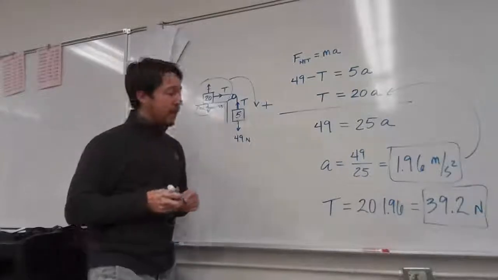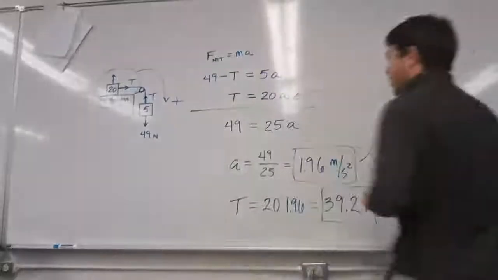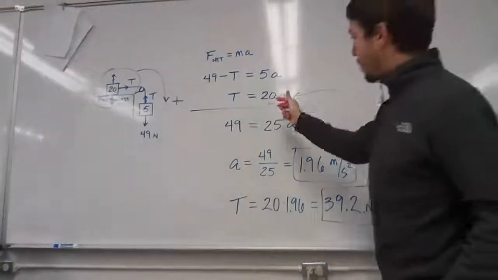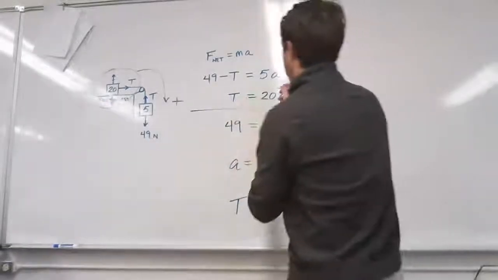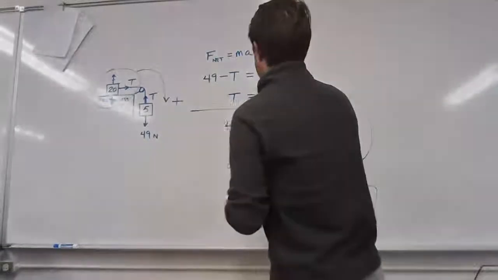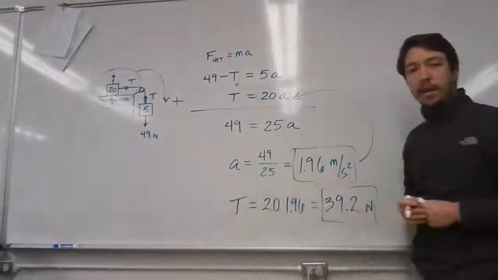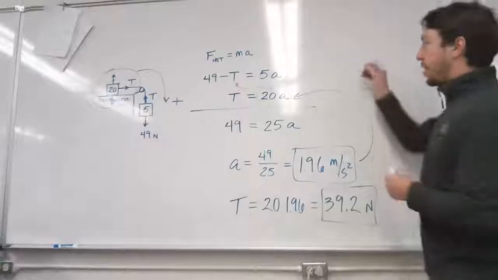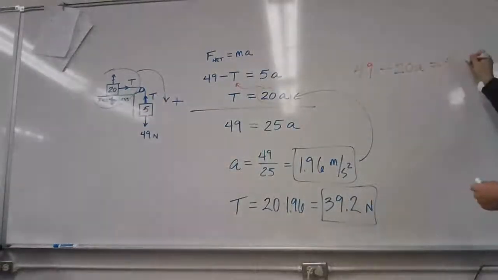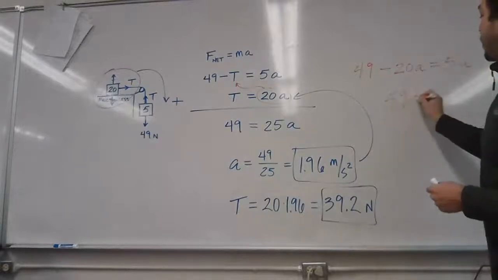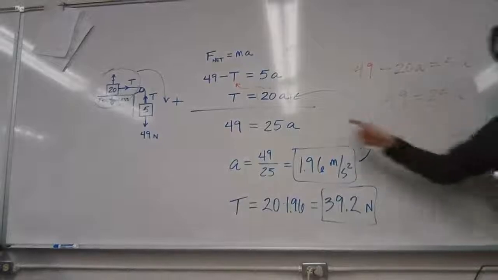Oh, by the way, for those of you going, well, I wanted to do substitution, not elimination, I hate elimination. Well, that's fine. You would have just taken this before all this bad, scary stuff happened. This T is equal to 20A, so you would have plugged that 20A right in there, and you would have had 49 minus 20A equals 5A, and lo and behold, the miracle of mathematics, you end up with the exact same equation.